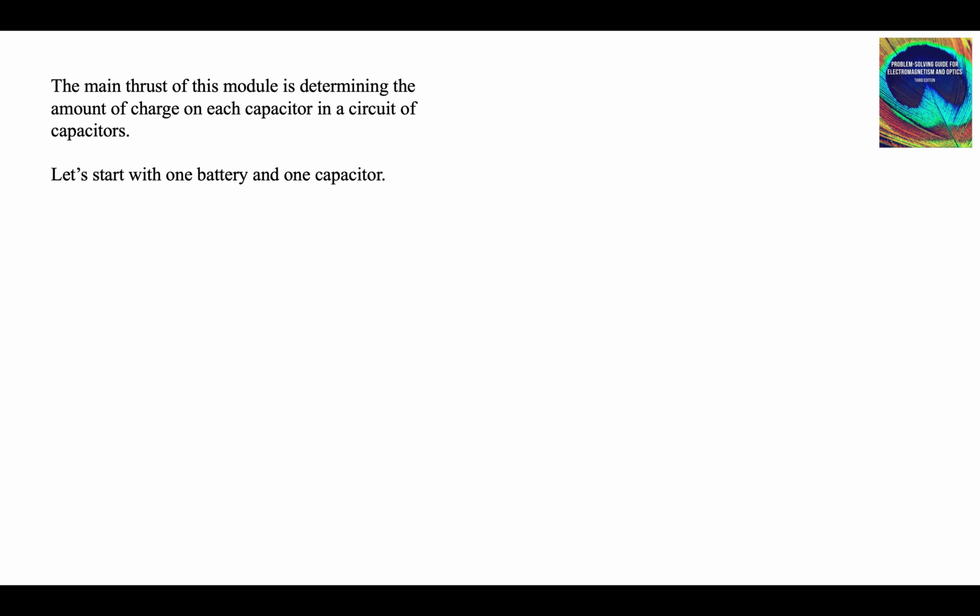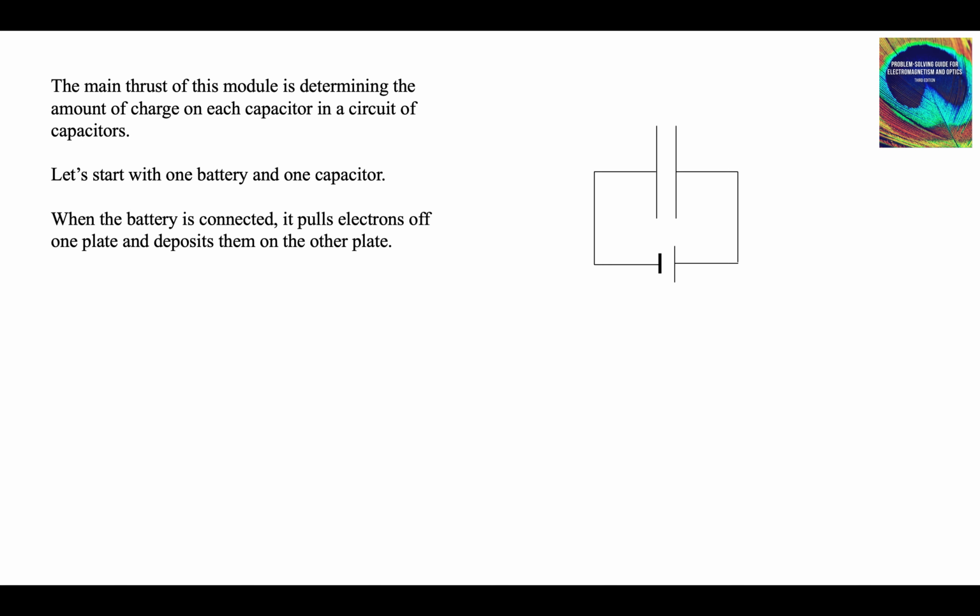Let's start with one battery and one capacitor and think about what's going on. When you connect the battery, it pulls electrons off this plate and puts them over here. Electrons are missing from this side, and they're over here. This charge has to be equal to that charge.